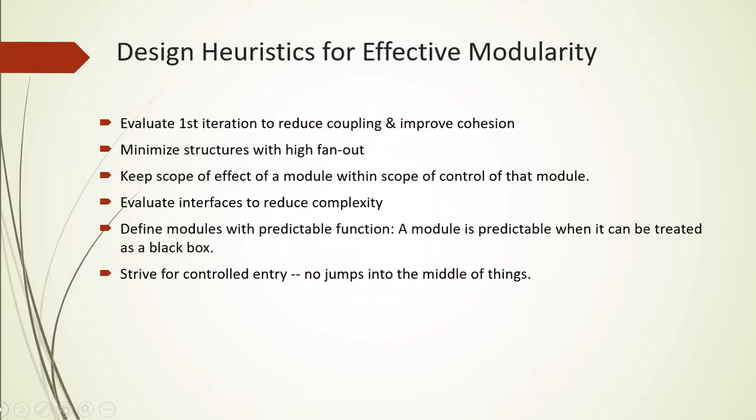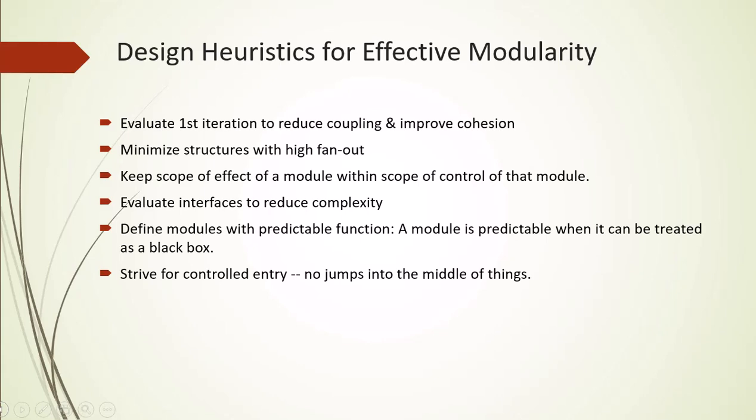Design heuristic for effective modularity. Evaluate the first iteration to reduce coupling and improve cohesion. So first try to reduce the coupling as much as possible and improve the cohesion. Minimize structures with high fan out. Why fan out? Fan out means that one module controls other modules.